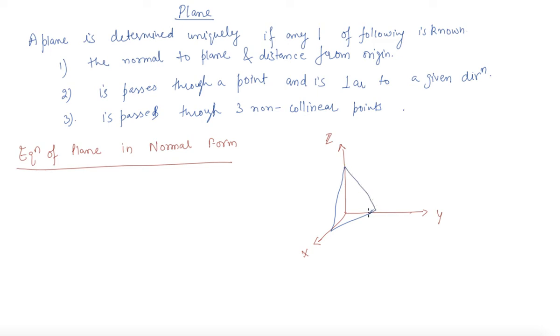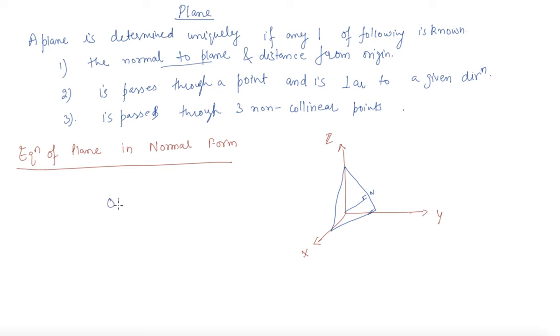To determine a plane, we need the distance from the origin and the perpendicular vector, as I have clearly stated in point 1, the normal to the plane and distance from the origin. Okay, if ON is a normal from the origin to the plane, let's say this is a normal, N is normal to the plane and n is the unit vector, normal unit vector.